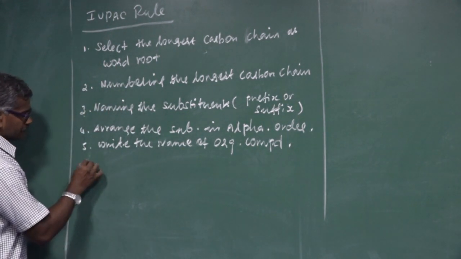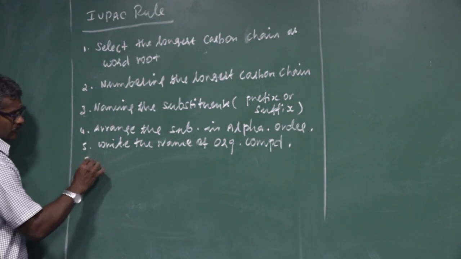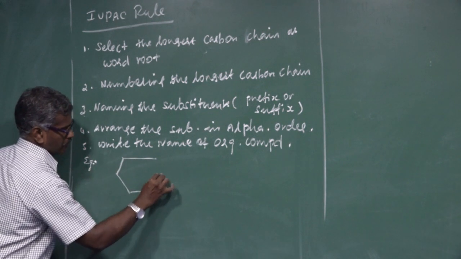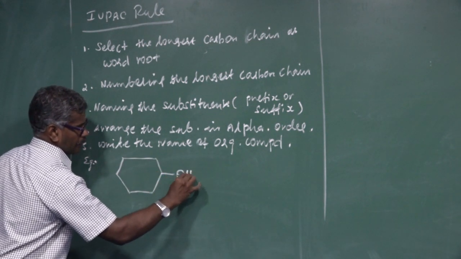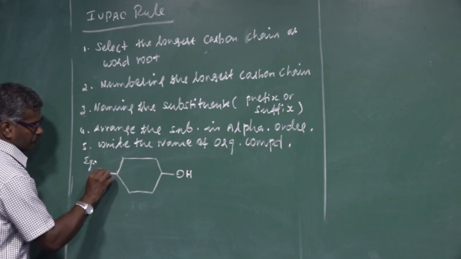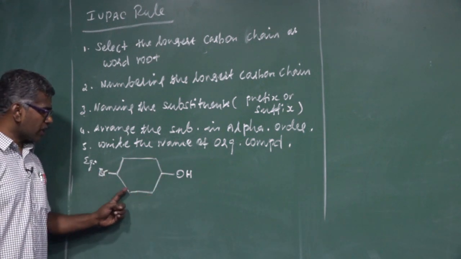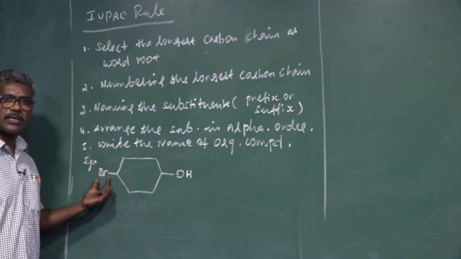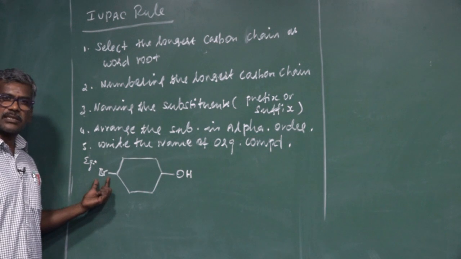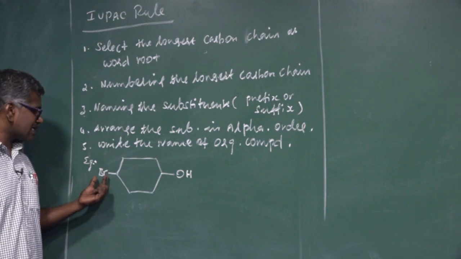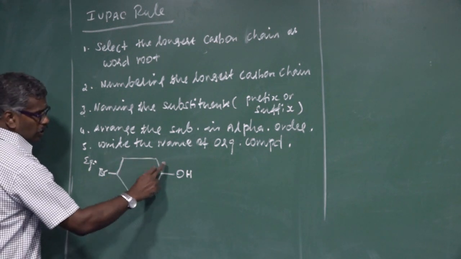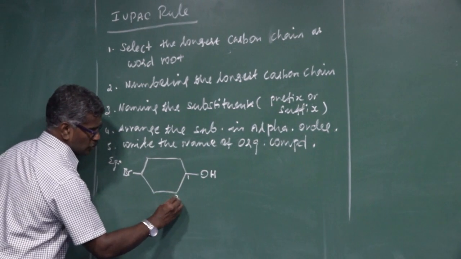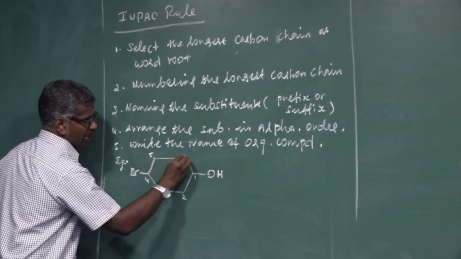These are the rules followed for writing the organic compound name. For example, totally 6 carbons as the word root. This one acts as a prefix. Prefix is nothing but a substituent, called the secondary prefix. Starting from the functional group, 1, 2, 3, 4, 5, 6.